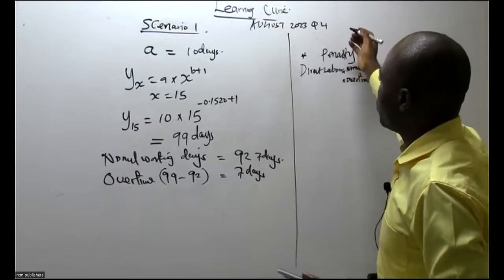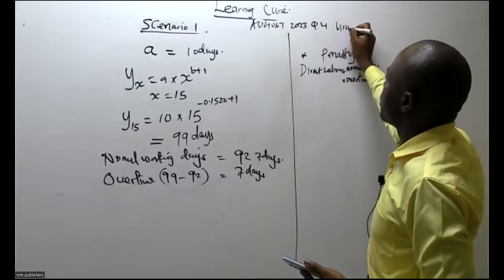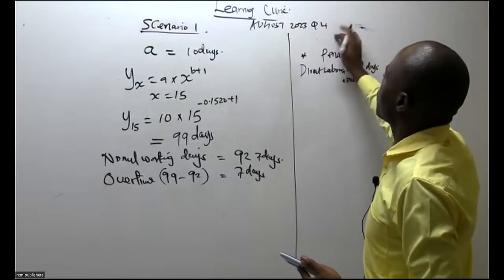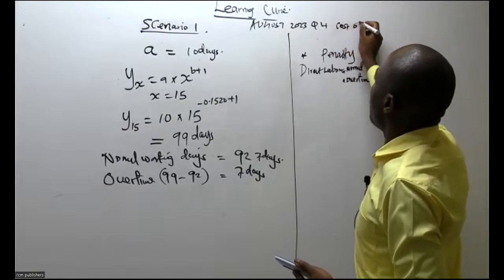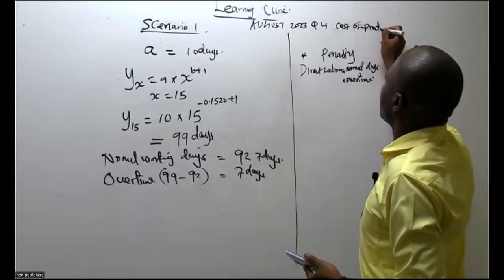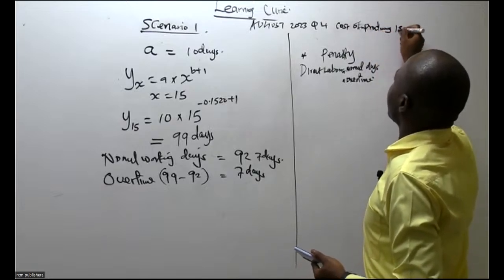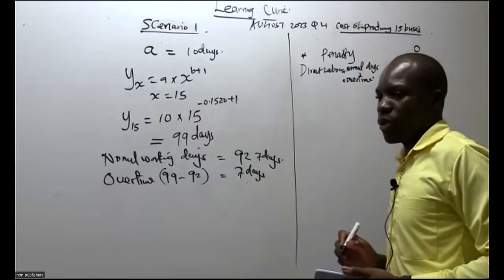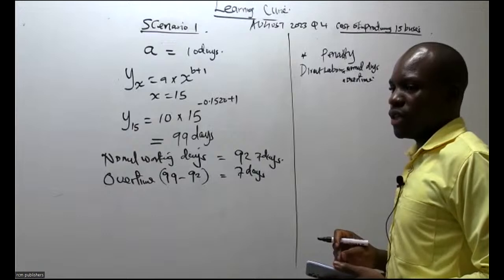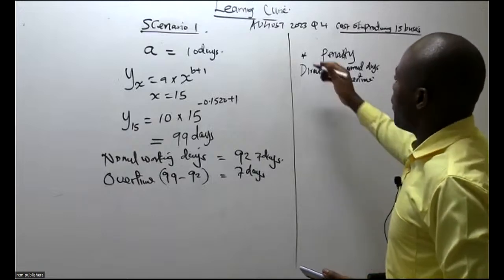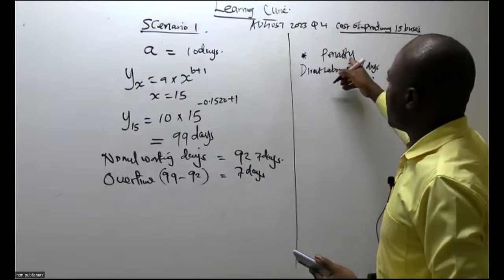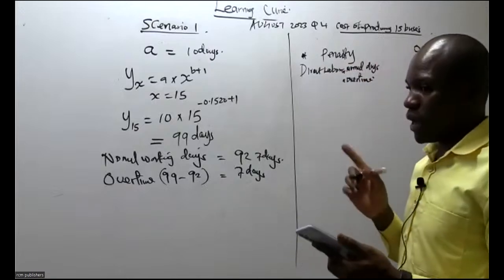Basically, our interest here is to get the cost of producing 15 buses. Do we understand that? They have decided to produce all of them within the time allowed, so the penalty will be 0 because no bus will be pending.